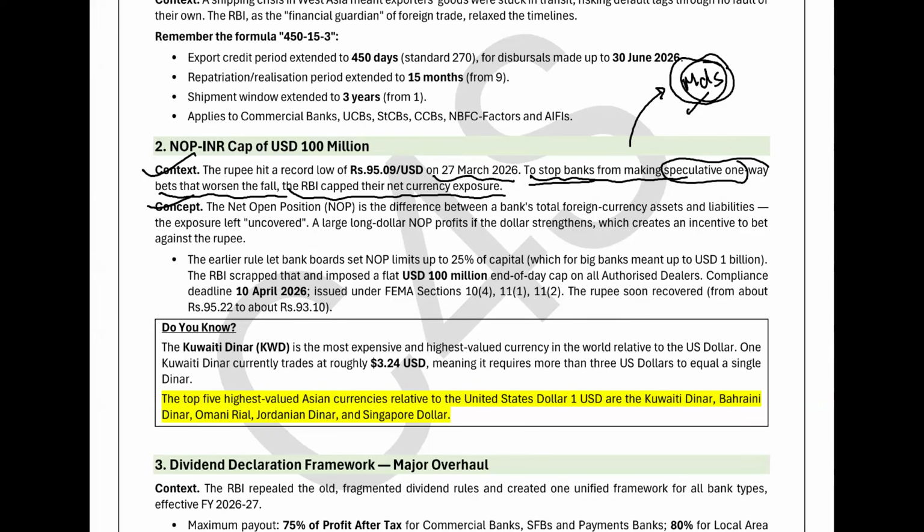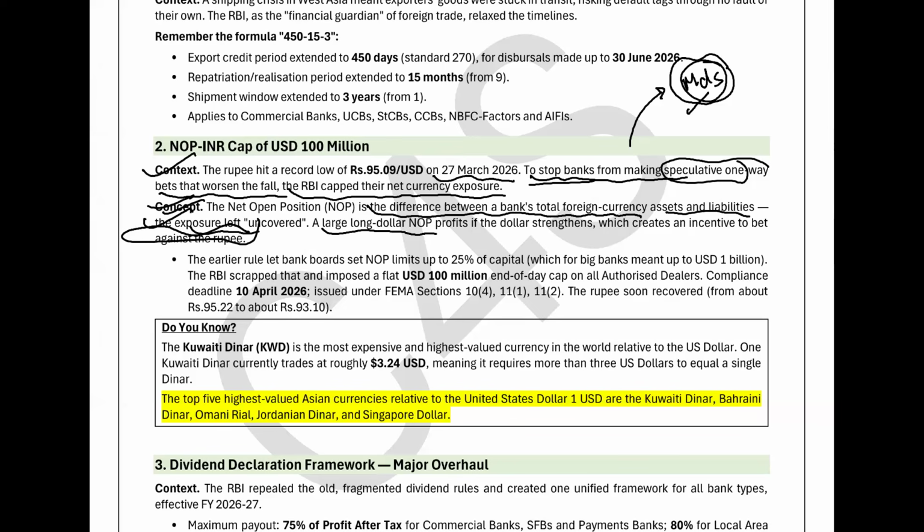Concept, what it is telling about: the net open position, that is NOP, is the difference between the bank's total foreign currency assets and liabilities. The exposure left is uncovered. A large dollar NOP provides, if the dollar strengthens, an incentive to bet against what? Rupee. Is it clear?